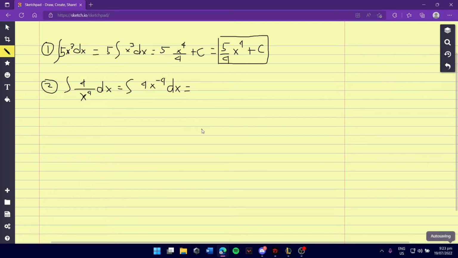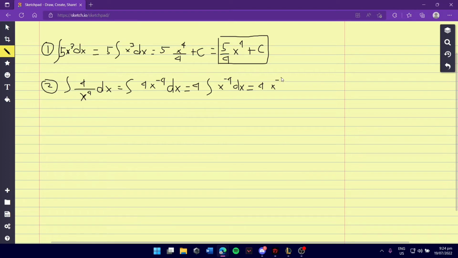So we can compute this. First factor out 4, integral of x raised to negative 4 dx. So 4, then the integral of x raised to negative 4, we'll just add 1, it will become negative 3.